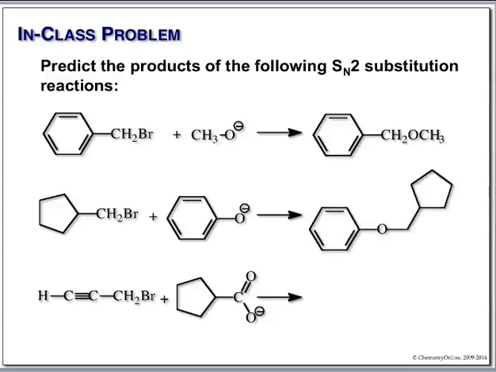This is an alkyne. This end is an alkyl bromide. Remember, we can't do anything with the alkyne unless we make it into an anion first. So it's just going to sit there. The oxygen here is going to attack, bromine will leave, and we will make the ester.